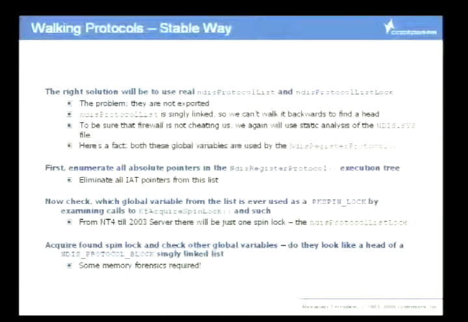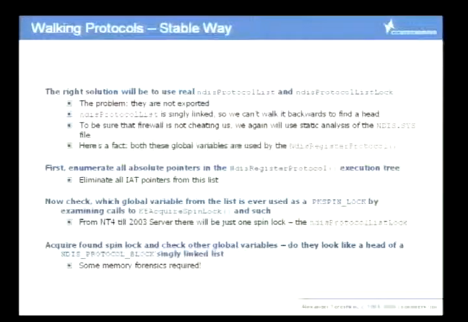So if we enumerate all absolute pointers of this function, we will have a list of variables, and two variables from this list will be our needed ones. We will check every found global variable to be some kind of a pointer to a spin lock by examining the calls to the KeAcquireSpinLock function.